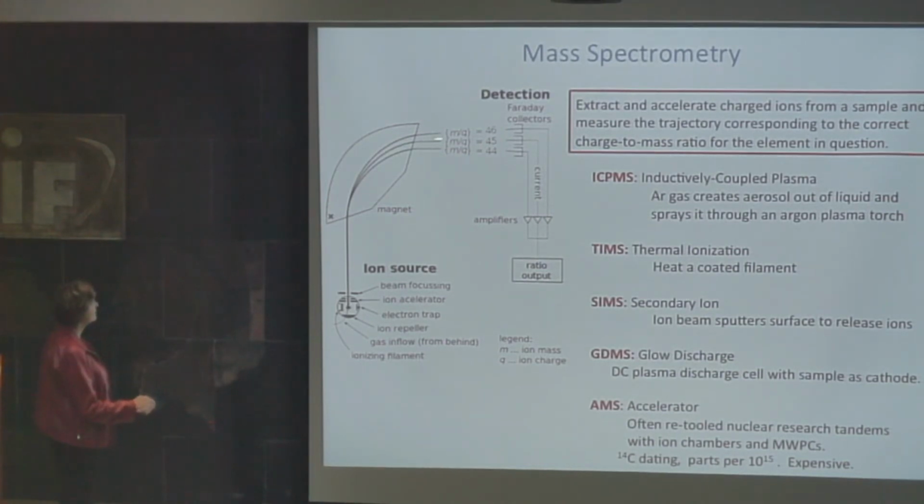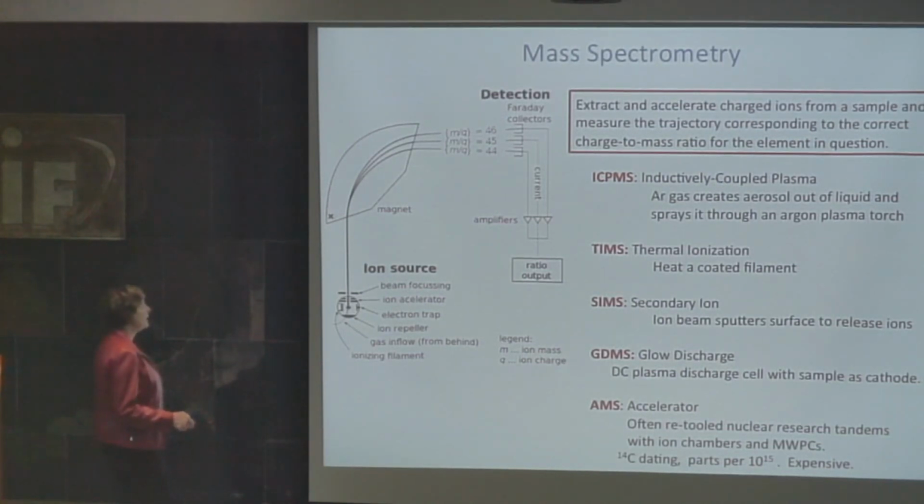That separates how much of each of those mass-to-charge ratios there is for the element in question. It's really just a tracker in one sense. All of this has to do with how you get the stuff into some sort of form by which this haze of droplets, or this gas, or whatever it is, gets moved through the magnet. So inductively coupled plasma is used a lot.